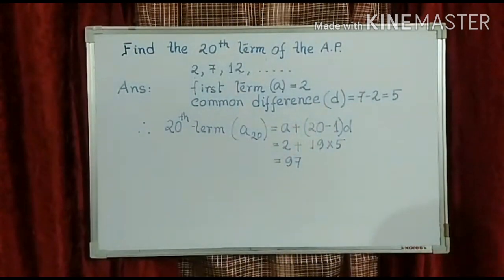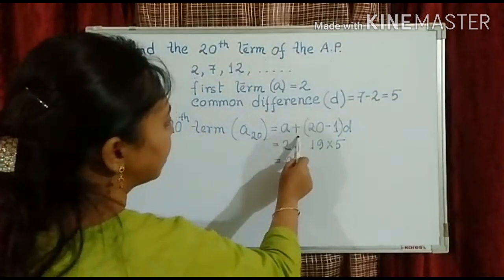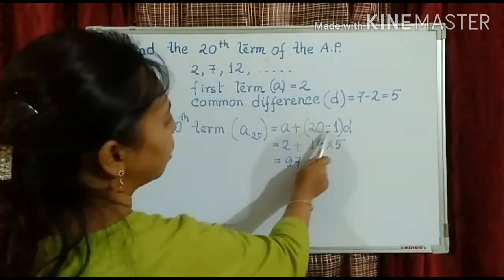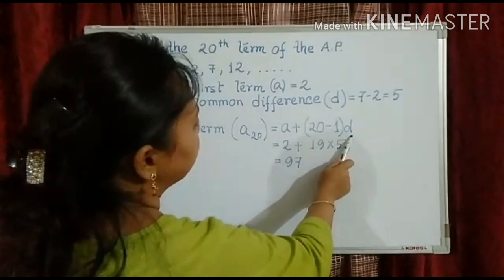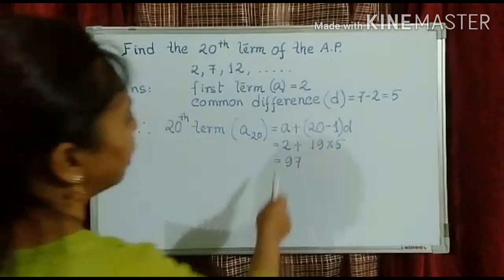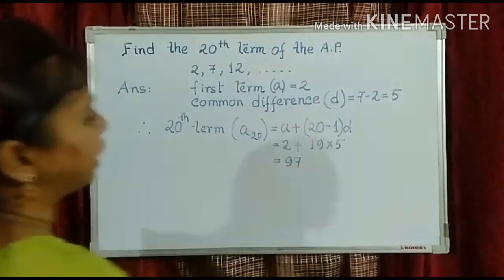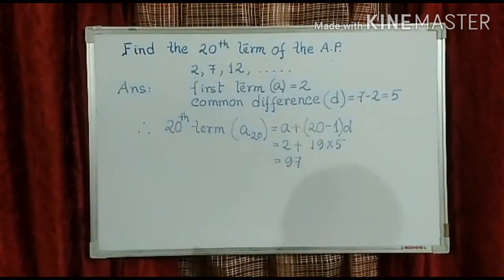First term A equals 2 and common difference D equals second term minus first term, which equals 5. Now, asking for the 20th term. So the 20th term, A20, is equal to A plus, since it is the 20th term, 20 minus 1, the coefficient of D, according to the nth term formula. So equal to 2 plus 19 into 5, equal to 97. In this way we can find any term of an AP.